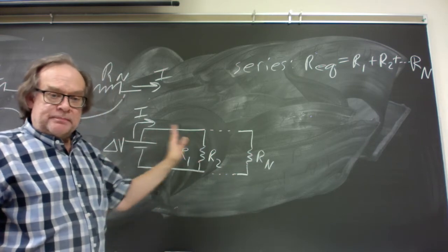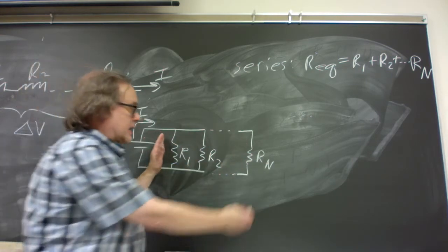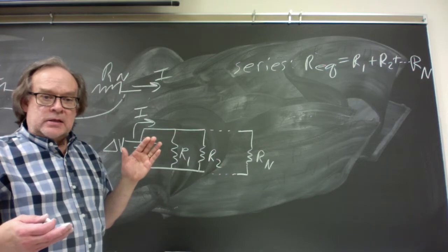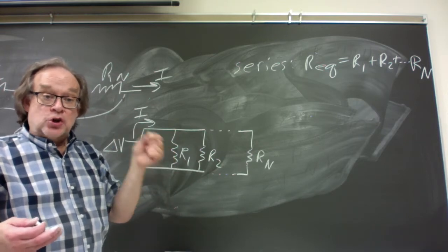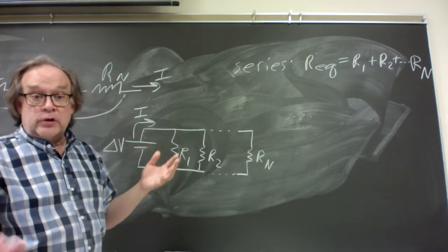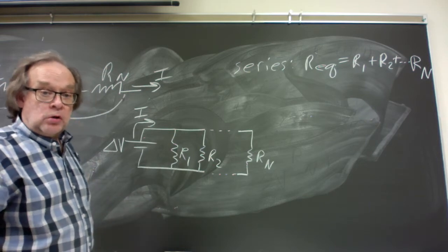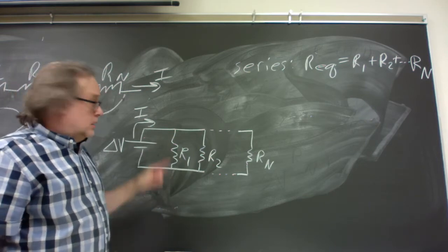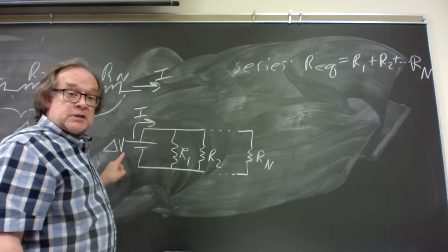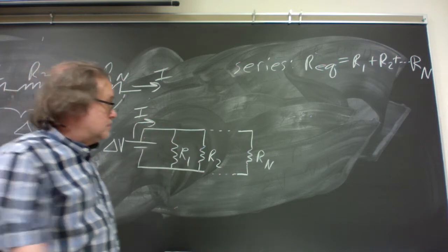But we can always imagine these n things as equivalent to just one equivalent resistance, which will have the same effect, namely give you the same current when it's attached to the same potential difference.